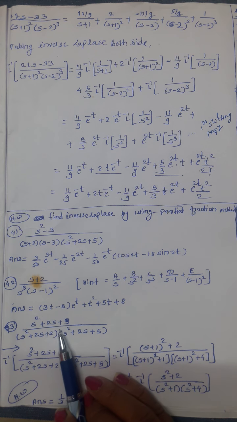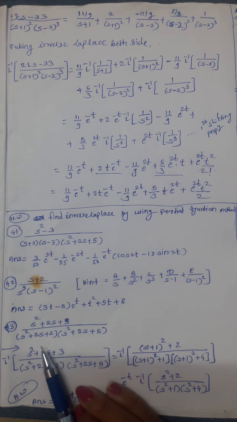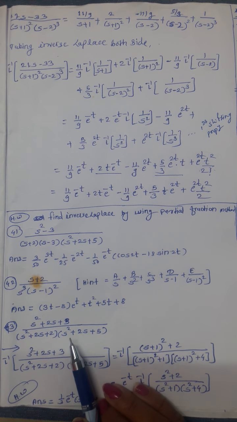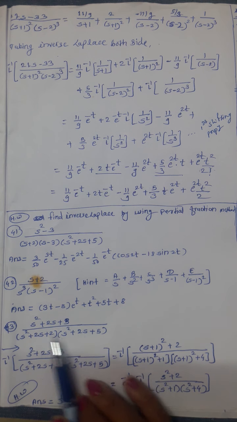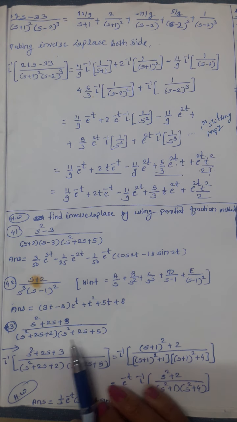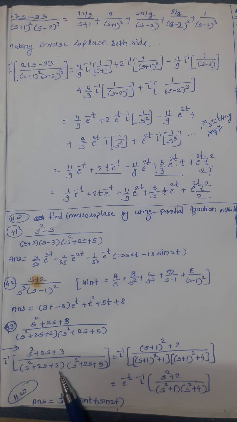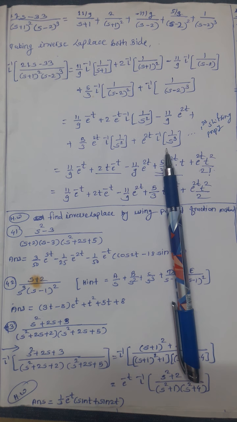Now the numerator is s square plus 2s plus 3. In this example, the numerator contains s square plus 2s. The denominator also contains 2 quadratic factors where the first 2 terms of each bracket, or each factor, are the same. In this particular case, you have to make an adjustment first, where we have already studied how to adjust the square in the brackets.